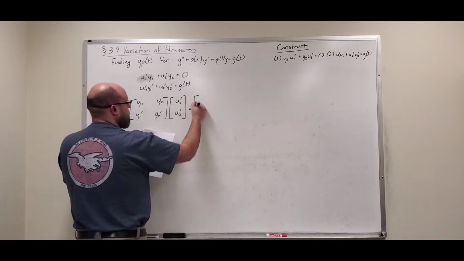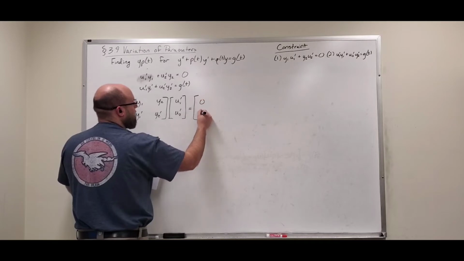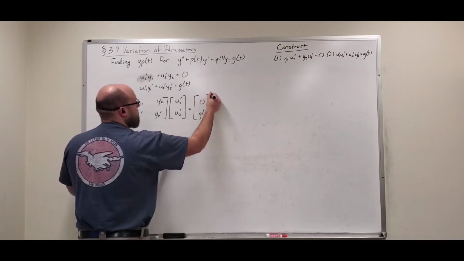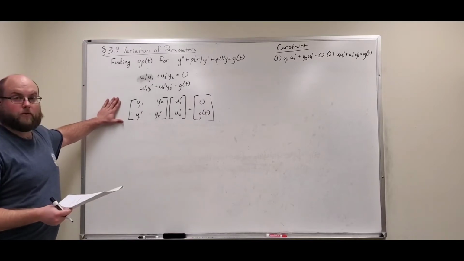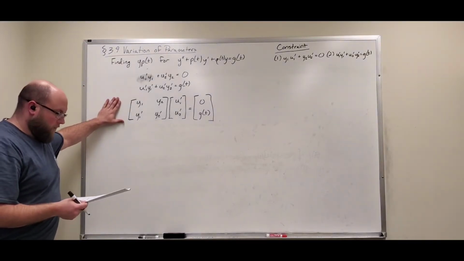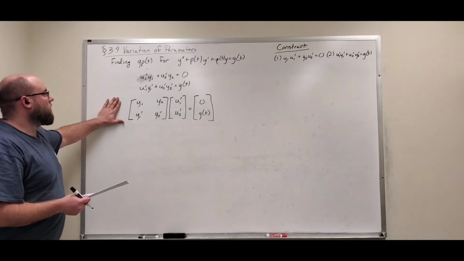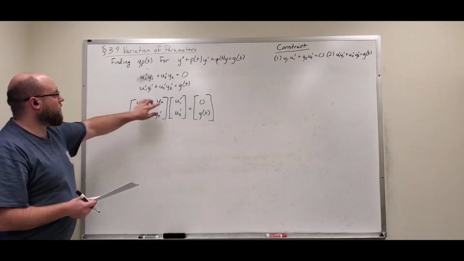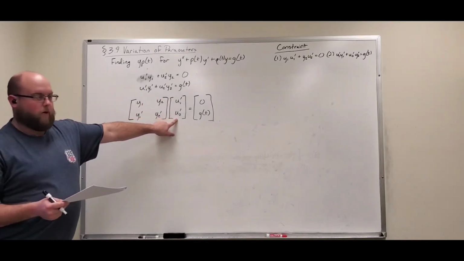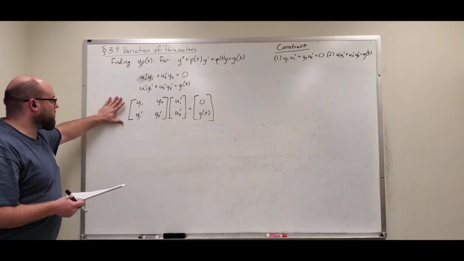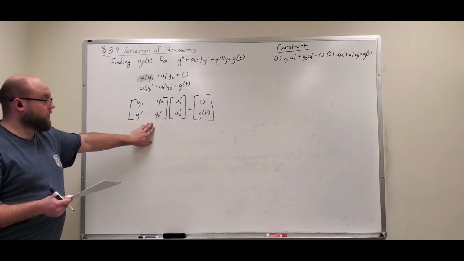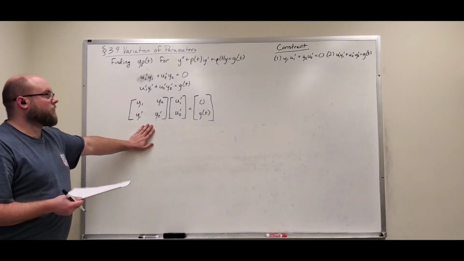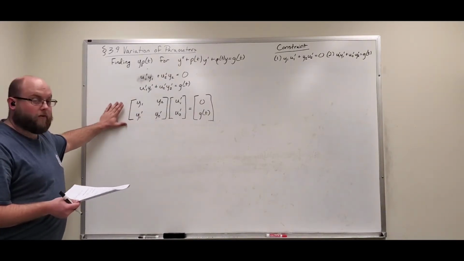This is equal to the matrix 0, g of t. All right, so this is how our system looks in terms of a matrix. All right, first of all, we need to be able to solve for u1 prime, u2 prime. Well, what we could do is multiply both sides by the inverse of this first matrix, but we need to make sure, well, does this have an inverse?